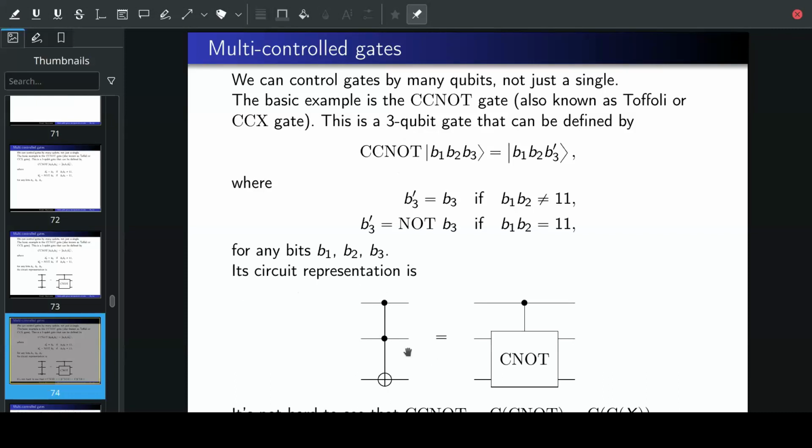And it is actually not hard to verify that this controlled-controlled NOT operation is a controlled version of CNOT, as I defined before. So we can simply write down this circuit identity.